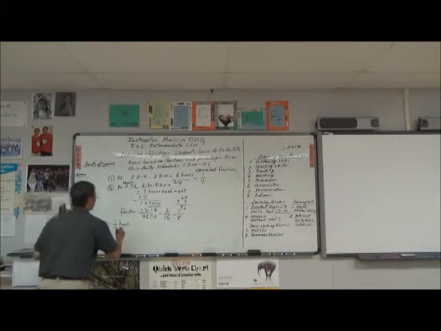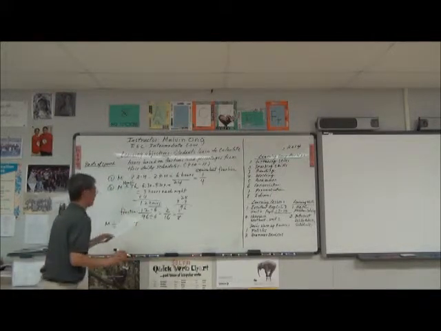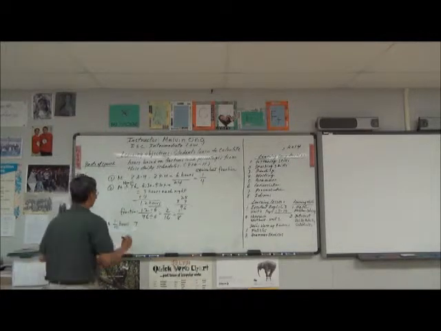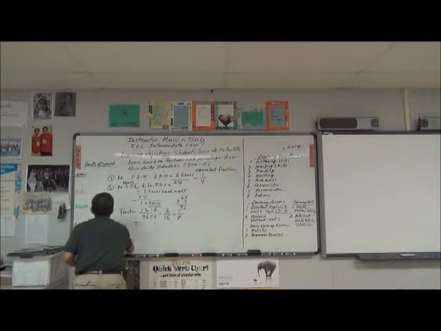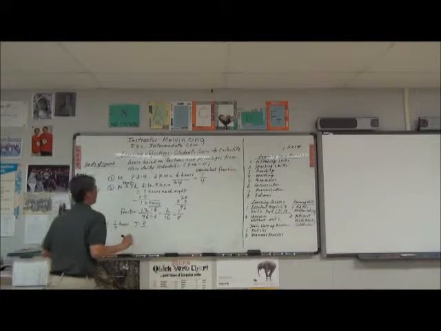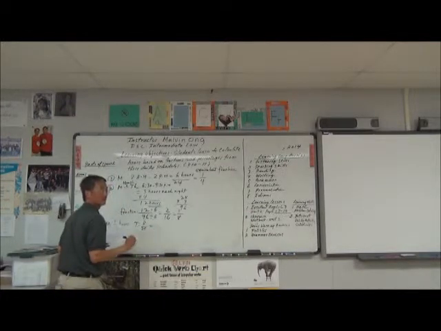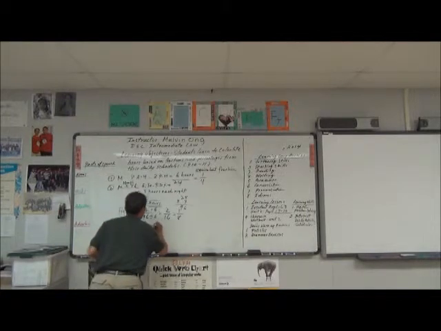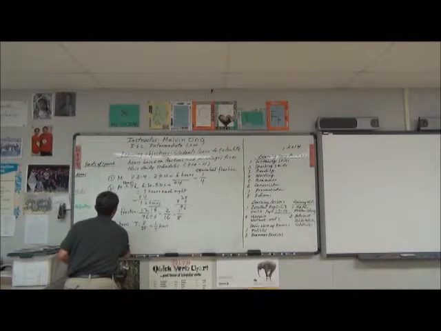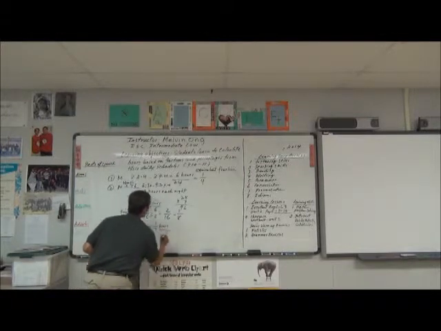How about Tuesday? How many hours do you work on Tuesday? 8. So you have 8 over 24, which is the same as what? 1/3 hours. Right? They're all with units here.